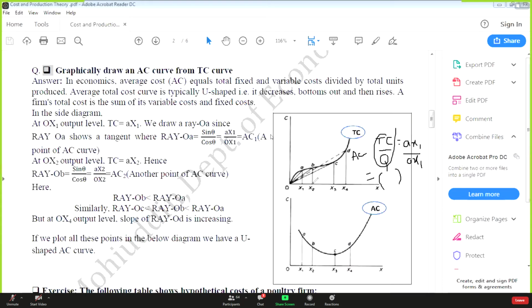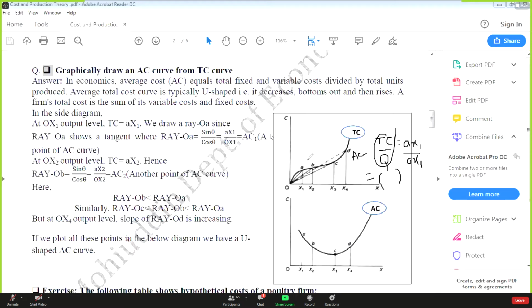But now how will this ray benefit you? Look, this is the initial ray, then this is the next ray. Tell me, which ray is steeper, and which ray is falling down?